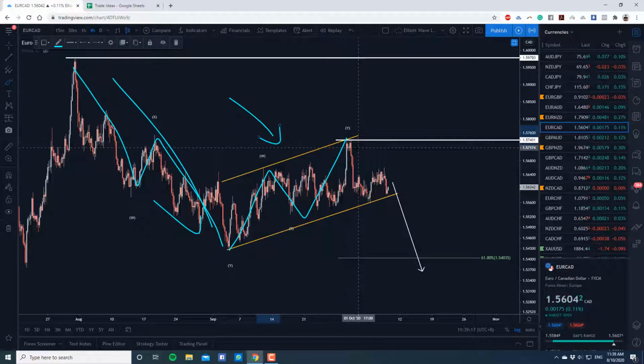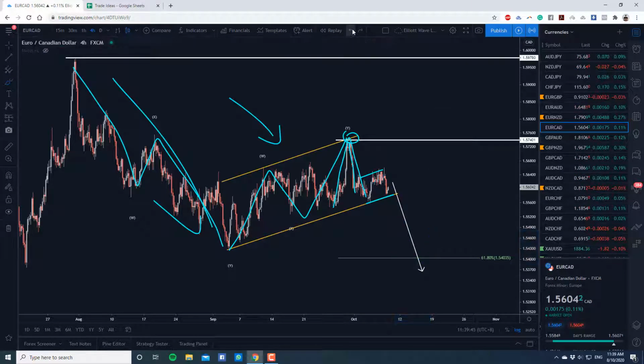From here we have that inverted V-shaped formation, where a mini impulse push to the downside indicates this is likely the short-term high around 1.5740. Right now we see a very nice corrective pattern, a smaller impulse correction pattern telling us the probability to the downside is there.